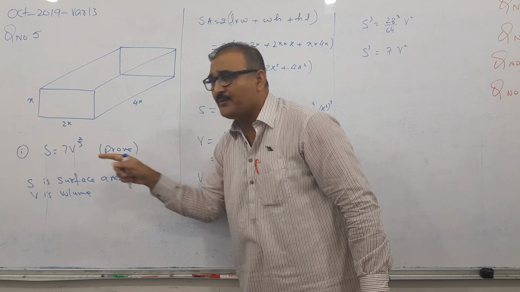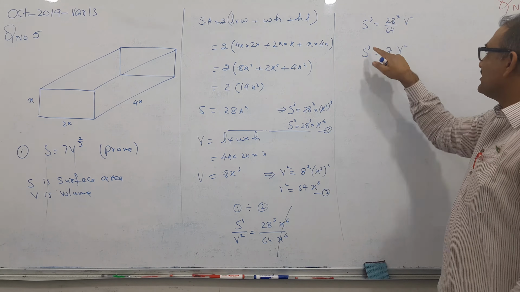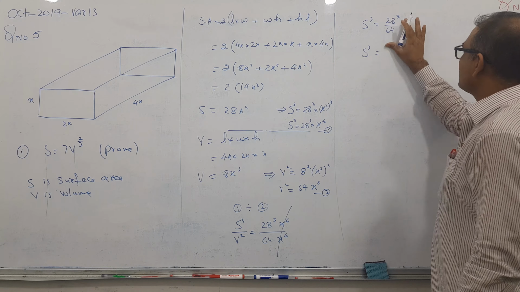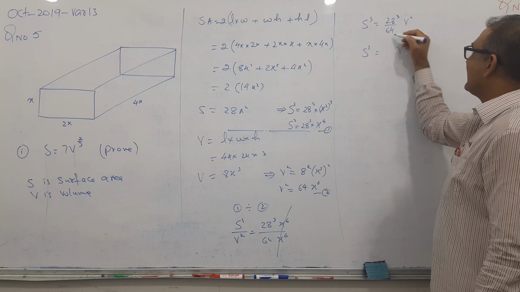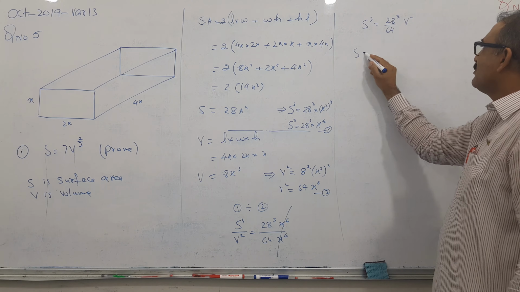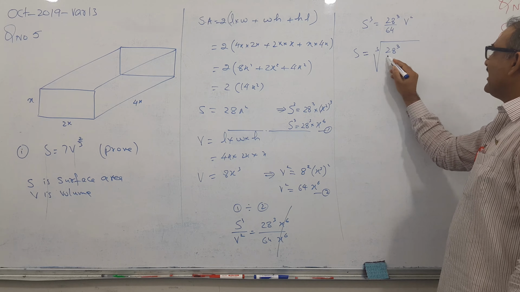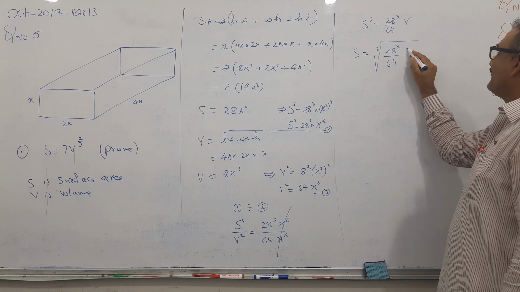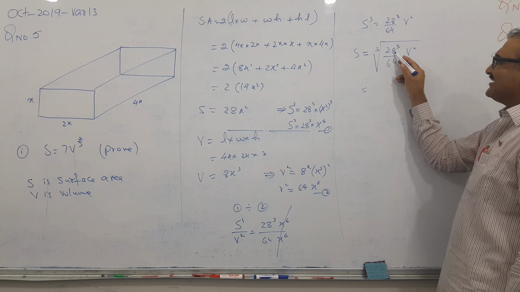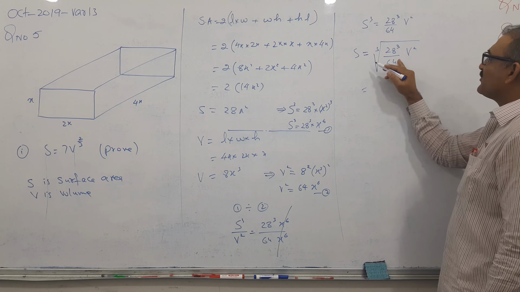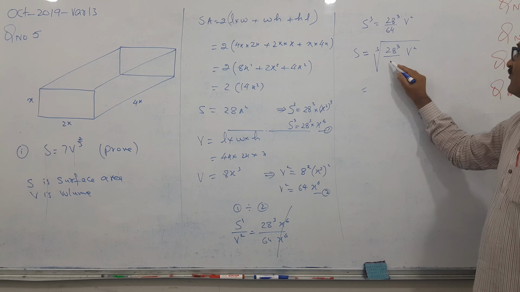Now the problem is, this cube is not acceptable here. When the cube comes here, it becomes cube root, and cube root is called 1 by 3. So sorry, this is not 7 yet. When the cube root comes on this whole thing, S is equal to the cube root of 28 to power 3 over 64 and V squared. What happens? The cube root of this will cancel. I get 28, and here we have 64. What do I know? 64 is 4 to power 3.